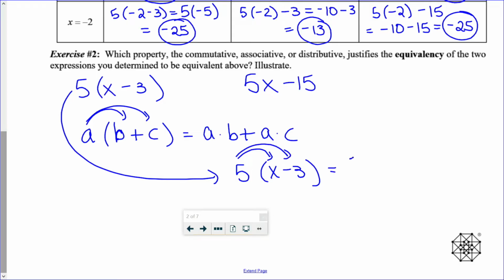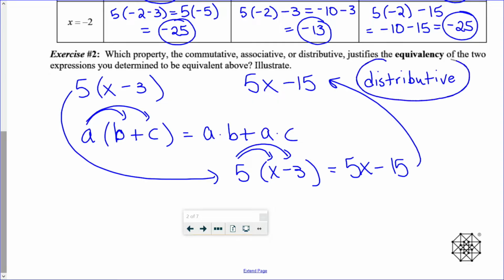If I multiply through, says 5 times x minus 5 times 3, and that is our other expression. So it is the distributive property that's going to justify that those two are the same.